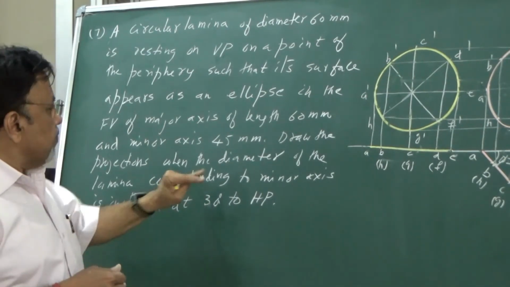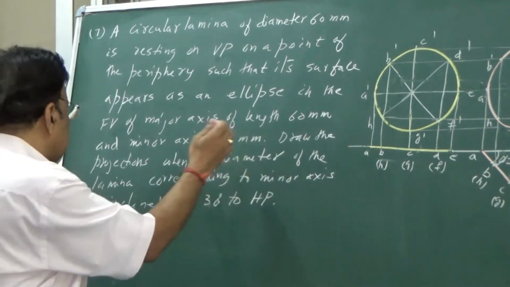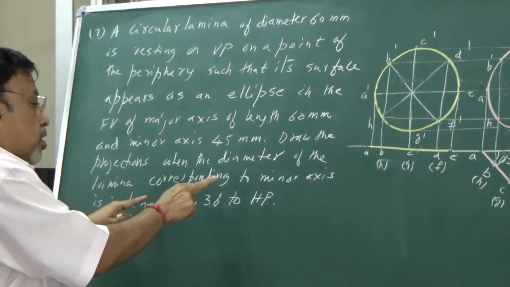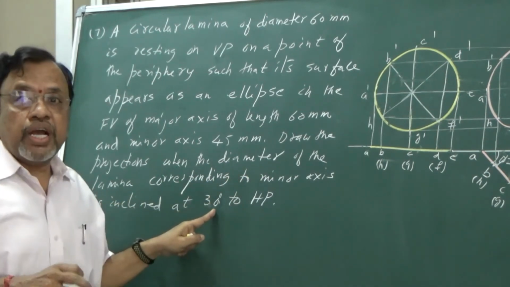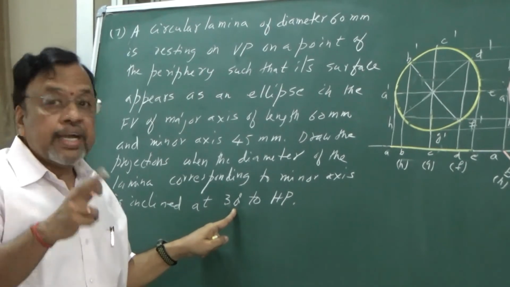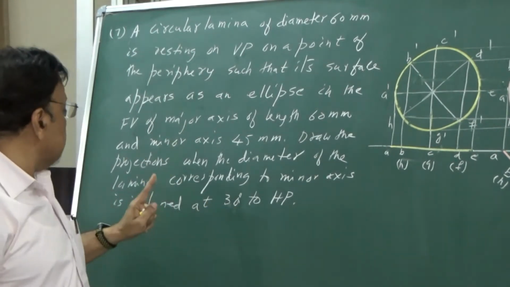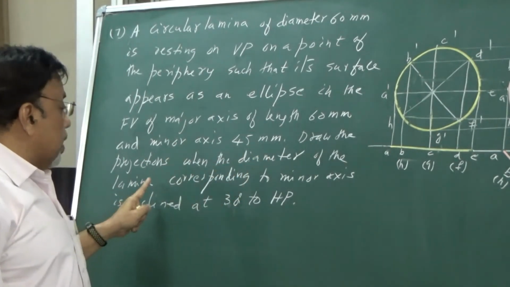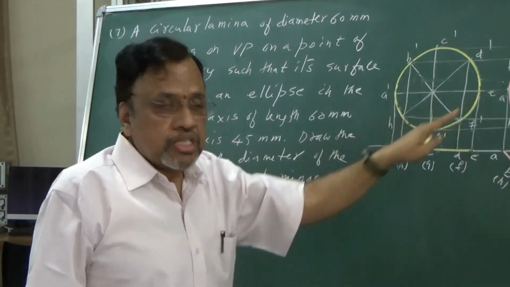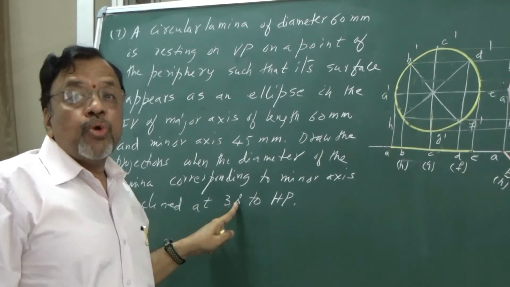Remember, for example, if instead of giving diameter, I simply say that draw the projections when the lamina corresponding to minor axis is inclined, if I would have given directly minor axis, then I would have given the apparent angle directly. But here it is given that the diameter of the lamina corresponding to minor axis, which is the diameter, this is the diameter. That means I have given the true angle.